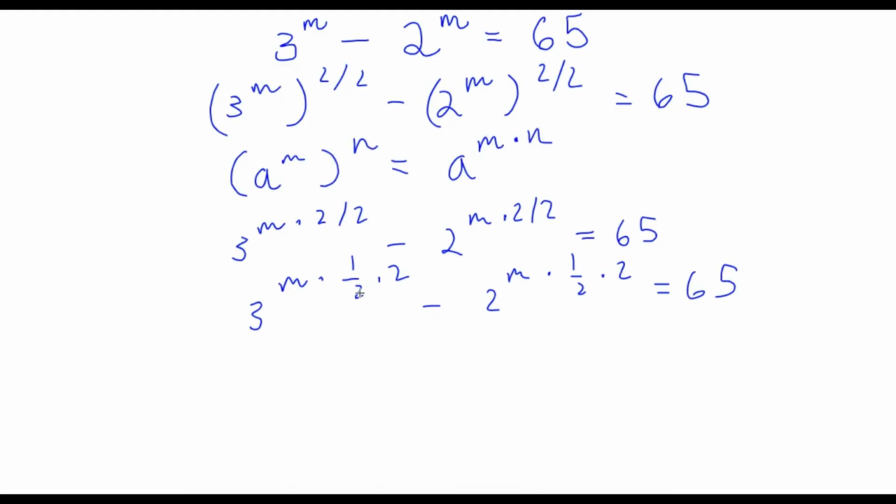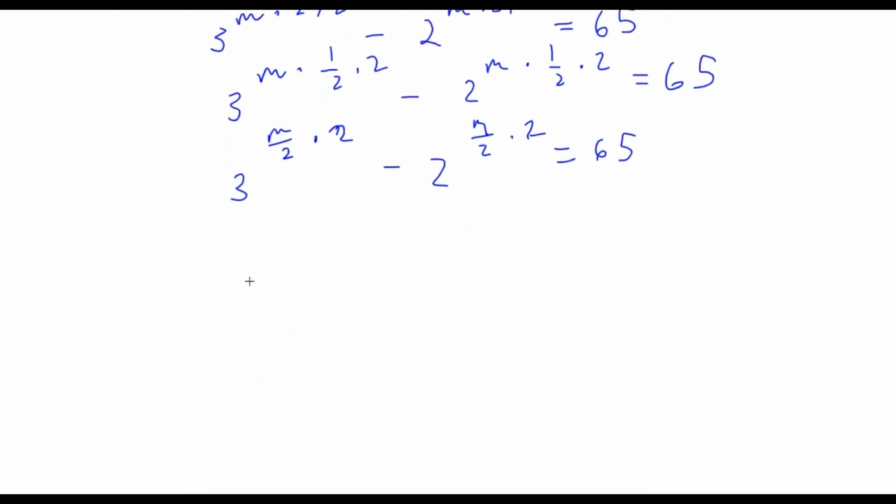So what I'm going to do is combine m and 1/2 to make 3 to the power of m over 2 times 2. So now I can use this property.